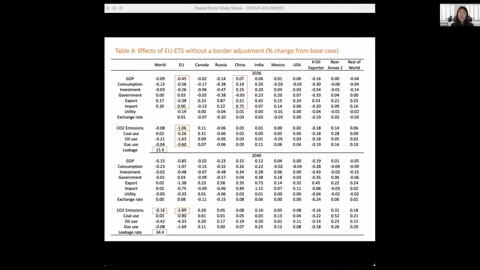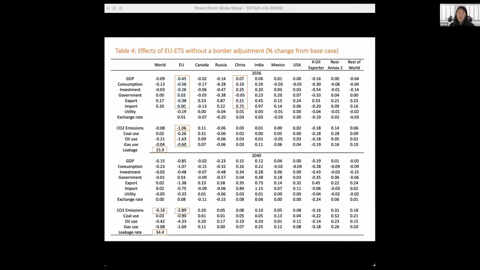And over time, as the carbon price increases and the auction share rises, EU GDP falls by 0.85, and they have a fall in consumption and aggregate exports. And you can see China's aggregate exports still rising, and the imports also rise. The improvements in their terms of trade will lead to higher consumption and also household utility.